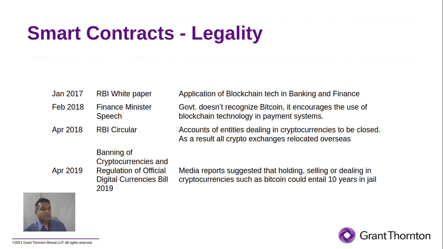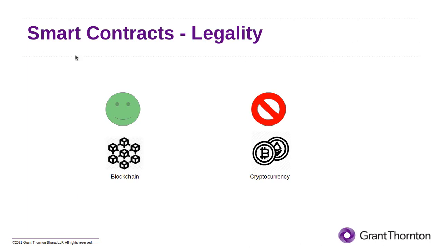From 2017 with the RBI white paper on blockchain tech and finance, the finance minister's speech on bitcoins in 2018, the mid-2018 RBI circular and the banning of cryptocurrencies, the government is constantly studying the feasibility of contracts, blockchains and cryptocurrencies, and evolving towards a legal framework that defines the importance of blockchains. So the general consensus is that blockchains are good, but cryptocurrencies are not favored from the legal community standpoint.